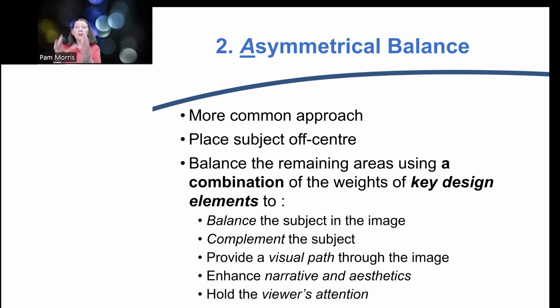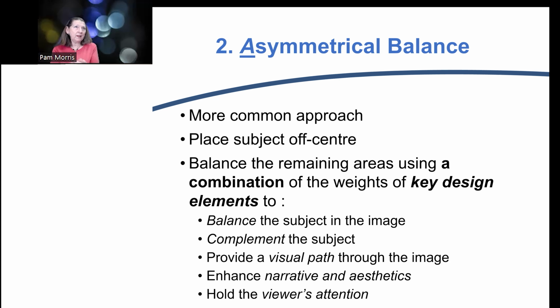We look at the subject, which usually has the heaviest visual weight, and then we go around the rest of the objects within the image and come back to the subject, go around again. And we have to be conscious of those other subjects within the image, that they don't overtake the subject.